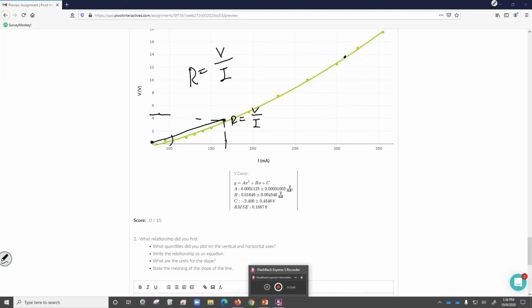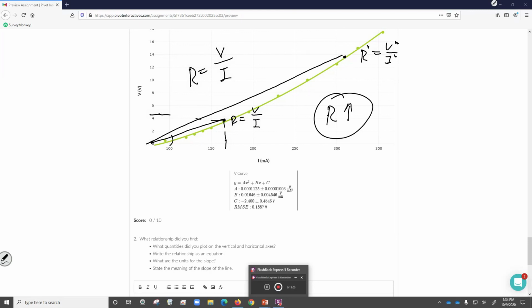And now I can calculate resistance here, different V, different I, different resistance. And this value will be equal to this slope. So we can see that slope gradually increasing, which means the resistance is increasing. But that's a different slope, not the slope of the tangential line.